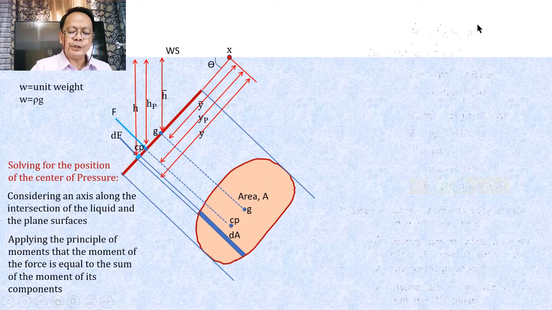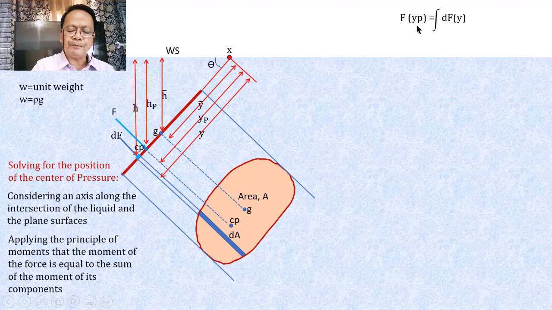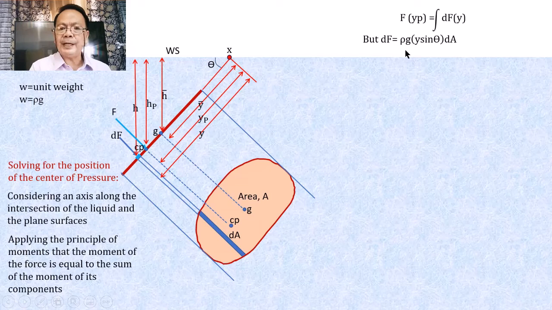Therefore, the product of F multiplied by y sub P shall be equal to the integral of the differential force multiplied by its moment arm. Okay, i-recall natin yung differential force na-define natin kanina, and that is equal to rho g multiplied by y times sine of theta multiplied by dA.